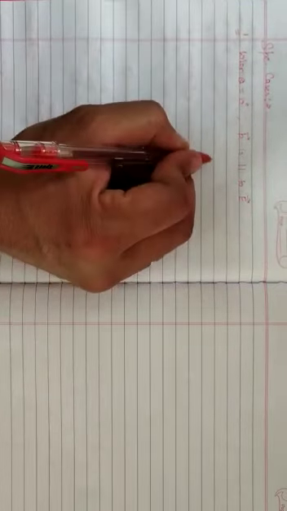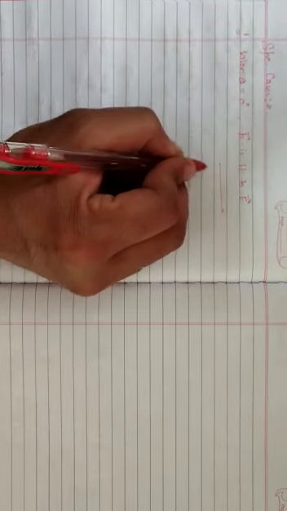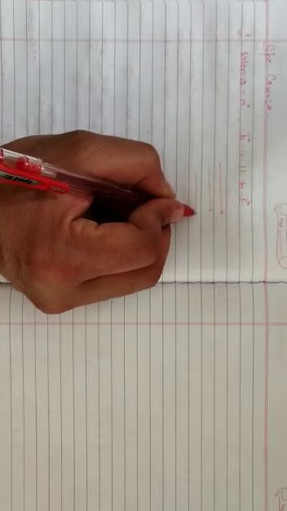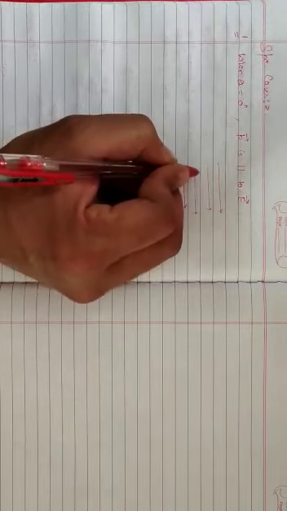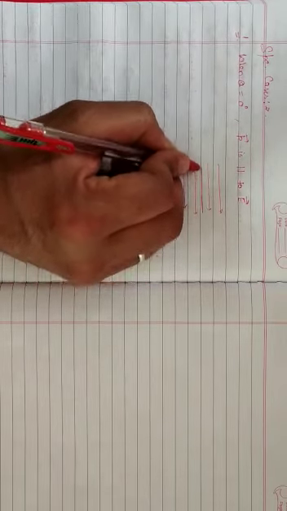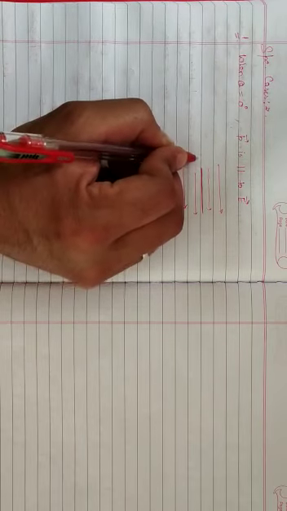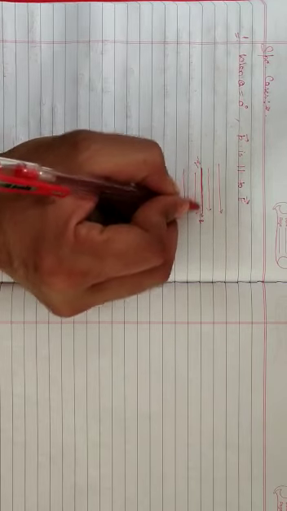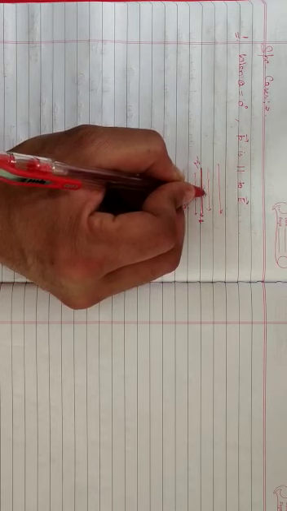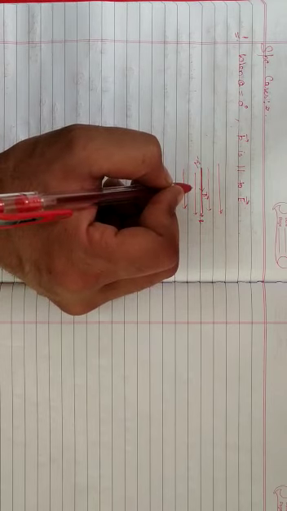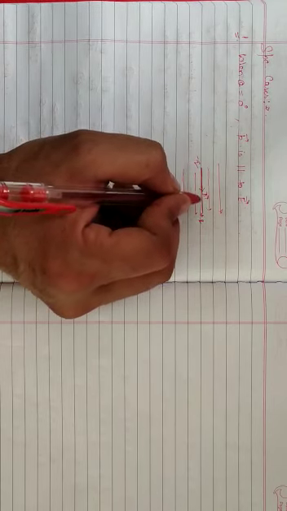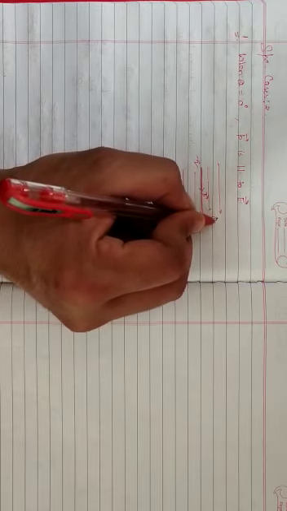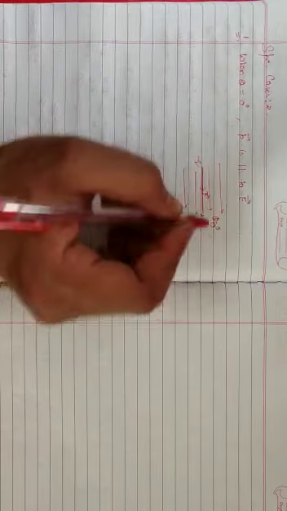Then we can represent it as, this is the uniform electric field, and here we have a dipole, this is minus Q and this is plus Q, and this is the dipole moment. The direction, you know, is from negative to positive. So theta here is equal to 0 degree.